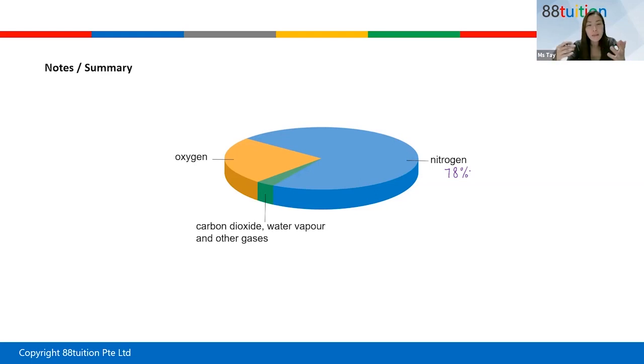When we breathe in the air around us, nitrogen goes in, oxygen goes in, carbon dioxide goes in, water vapor and other gases all go in together. But there is only a change in the oxygen and carbon dioxide. The rest still comes out together. Whatever nitrogen goes into our lungs will come out as well. It doesn't interact with anything in our body.